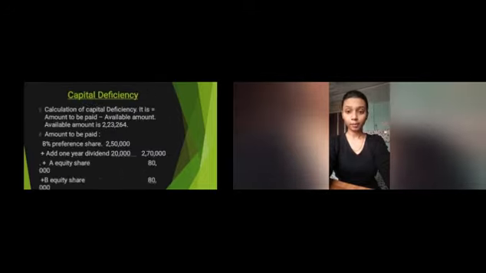Calculation of capital deficiency: it is equal to amount to be paid minus available amount. Available amount is 2,23,264. Amount to be paid: 8% preference share is 2,50,000 plus 1 year dividend 20,000 is equal to 2,70,000.